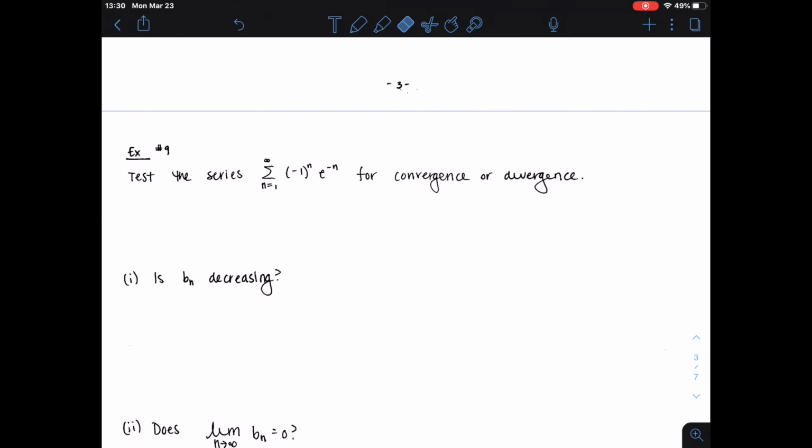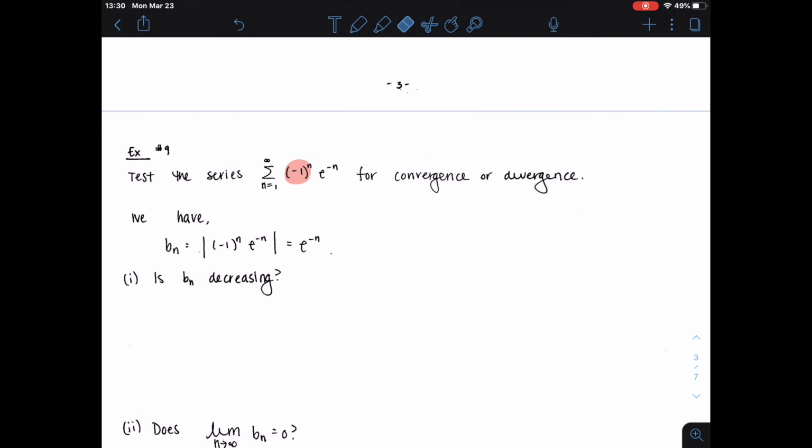We want to test this thing for convergence or divergence, and we've got -1 to the n times e to the -n. So again, first thing you notice is it's got this -1 to the n factor. Take a look and see if you can use test for divergence, but because that -1 is in there, let's go ahead and try the alternating series test.